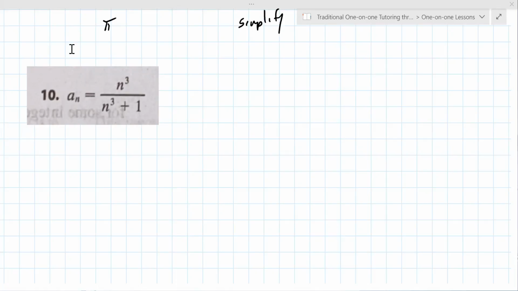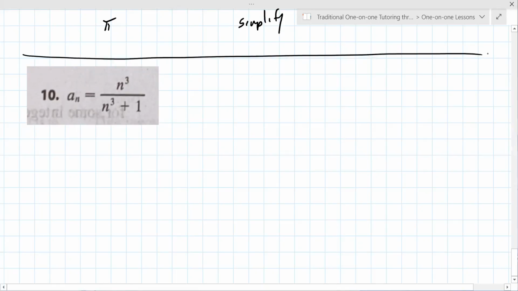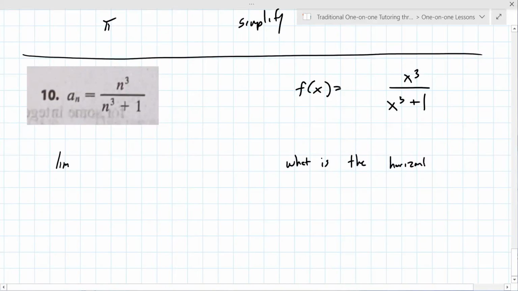And your answer to this is, well, based on treating it like it's a function. If this were f of x equals x cubed over x cubed plus 1, and I said what is the horizontal asymptote, or the same question, what is the end behavior?